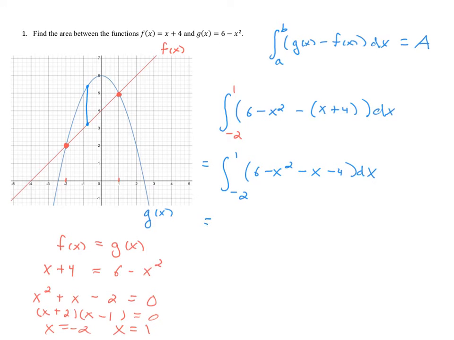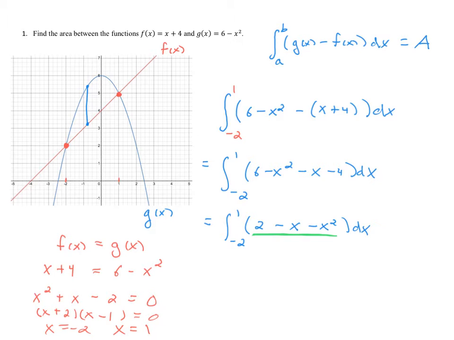So this is the integral from -2 to 1 of, if you do 6 minus 4, that's 2, minus x squared dx. So what we need now is an antiderivative for this. Once I figure out what that antiderivative is, I'll plug in 1, I'll plug in -2, I'll take the difference, and that will be equal to this area here.